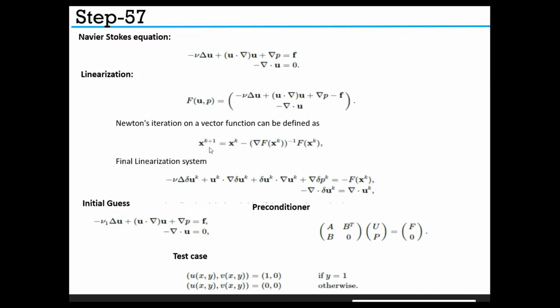Here x to the power k plus 1 is the approximate solution, where k plus 1 is the step, and x to the power k represents the solution from the previous step, and this part is the Jacobian matrix evaluated at x to the power k.